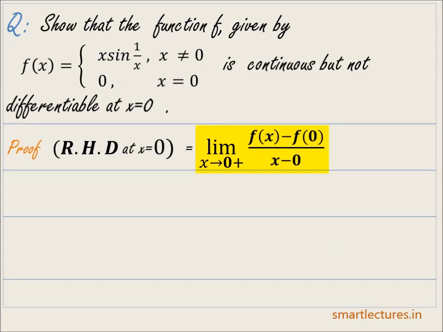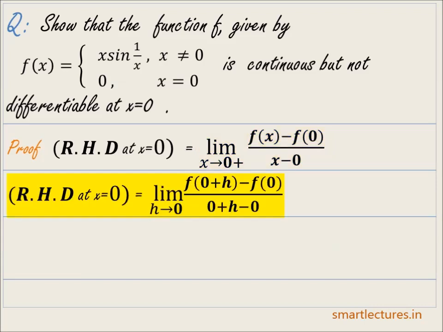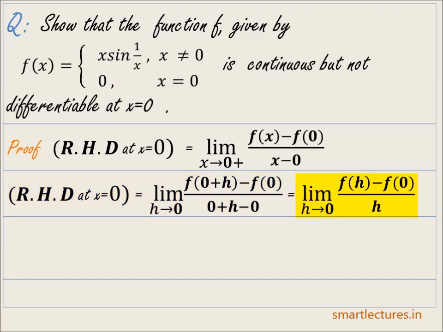So now the right hand derivative becomes limit h approaches 0, f of 0 plus h minus f of 0 divided by 0 plus h minus 0, which can be further simplified as limit h approaches 0, f of h minus 0 upon h.